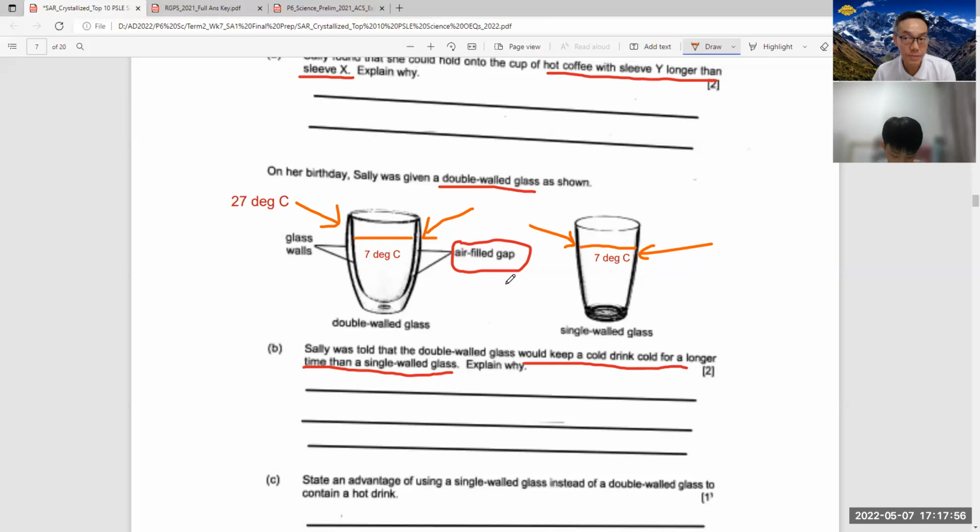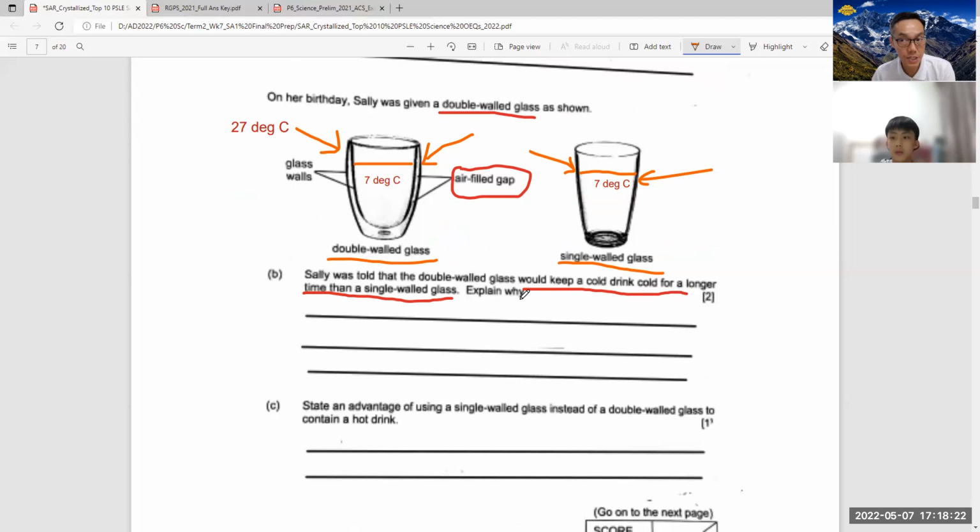So you must mention that air is a poor conductor of heat. It would allow the cold drink in the double wall glass to gain heat slower from the surrounding warmer air than the single glass wall. Therefore, the cold drink can be kept cold for a longer period of time.